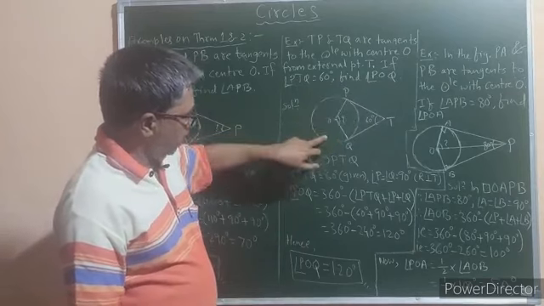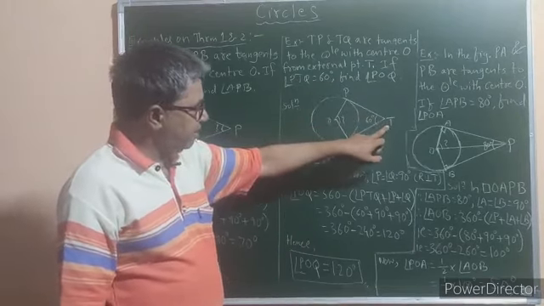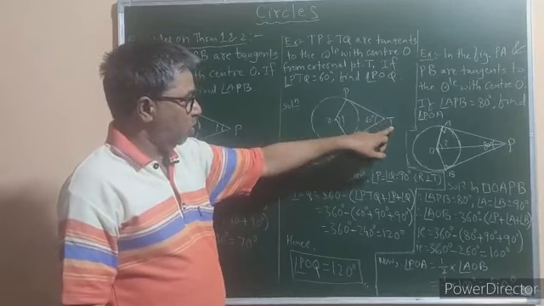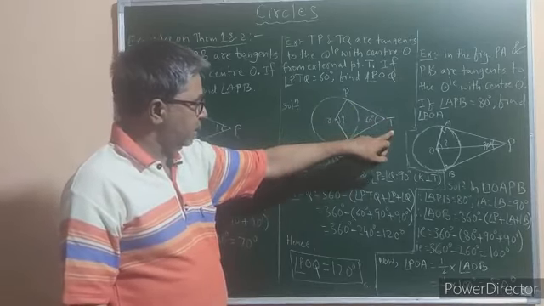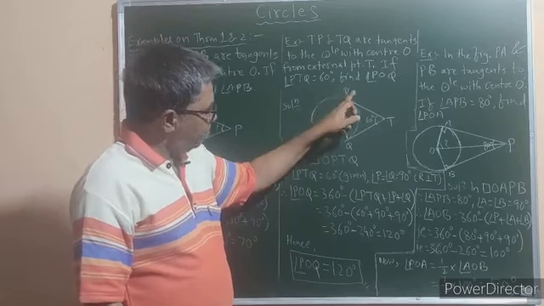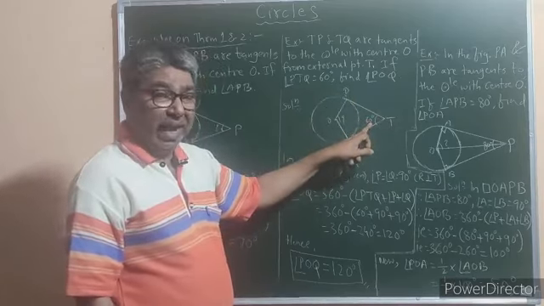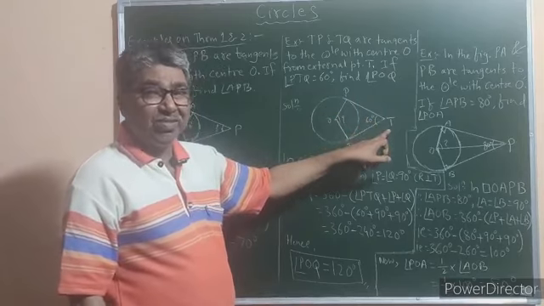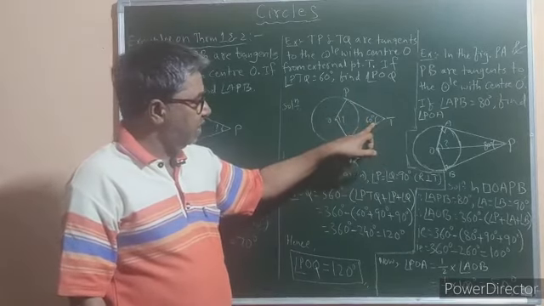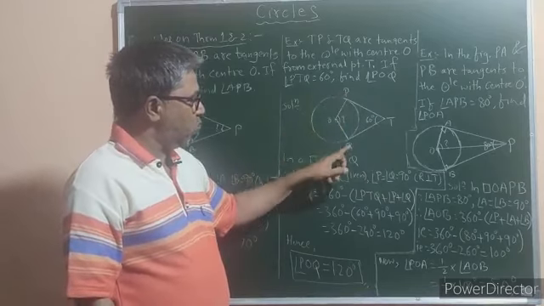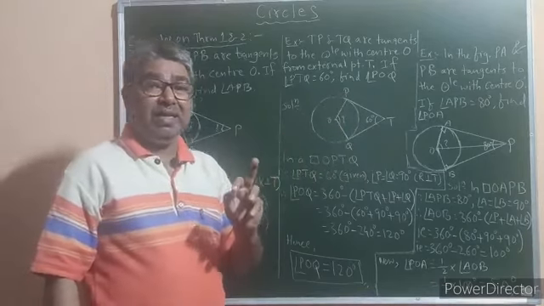Again same figure, O is the center, T is the external point, TP and TQ are the two tangents drawn from the point T. Now the angle PTQ, the angle formed between the two tangents at an external point, is 60 degrees, and we are asked to find the measure of angle POQ, that is the angle formed at the center of the circle.